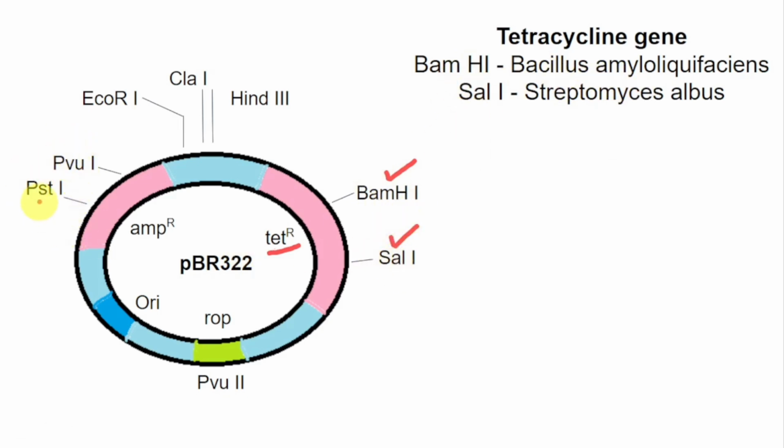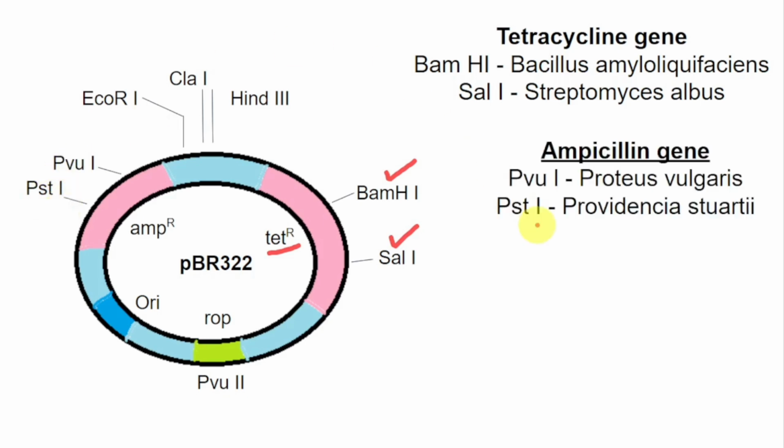But what about PvuI and PstI? Don't make it PVT or PSU. See, Pvu is Proteus vulgaris, and Pst is Providencia stuartii. You can see these restriction endonucleases are not within the ampicillin and tetracycline genes.